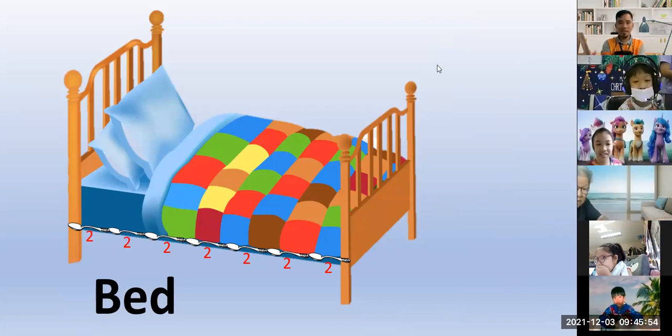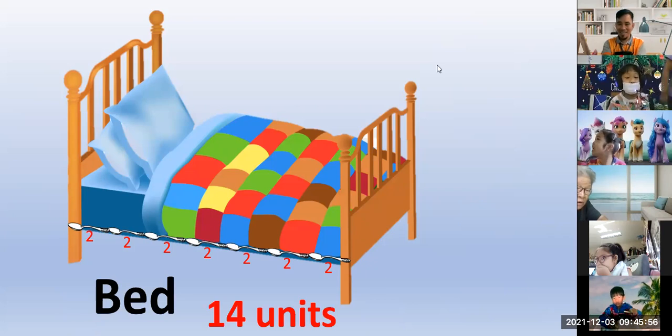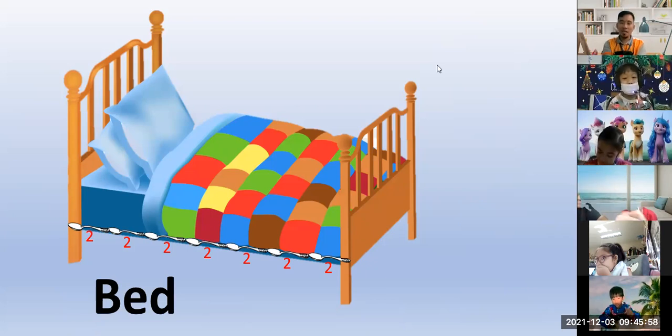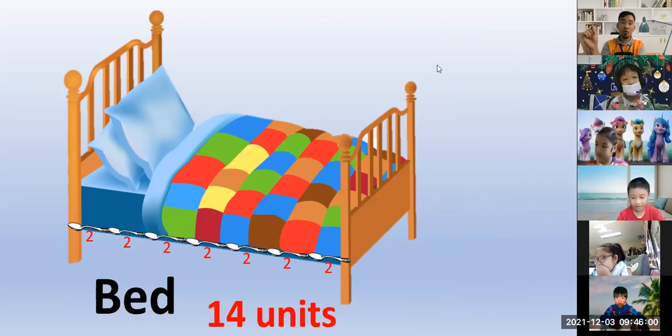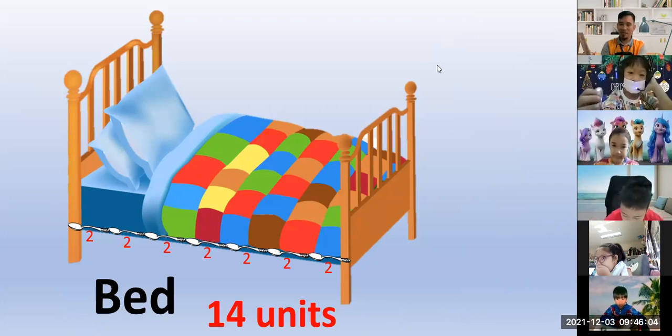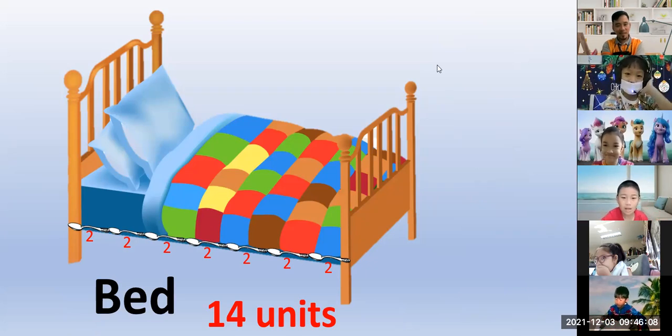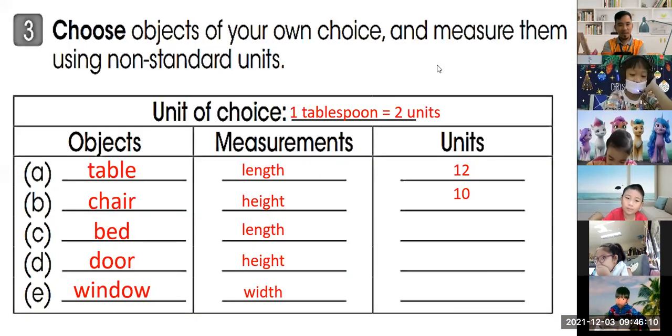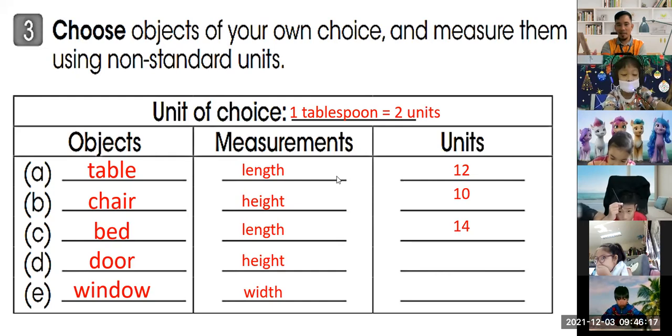So how many units? 14 units. Teacher Gwapo's bed is 14 units. Now you can measure it later, okay? You can measure your bed later after this one because your bed is in the other room, right? Okay, next. Here, I will write 14 because the length of my bed is 14 units.